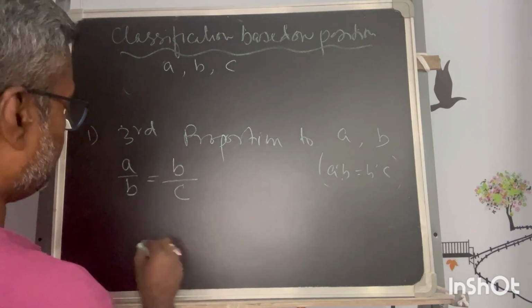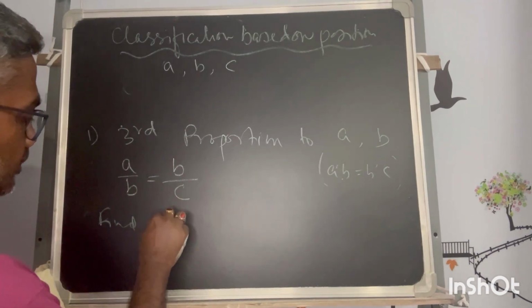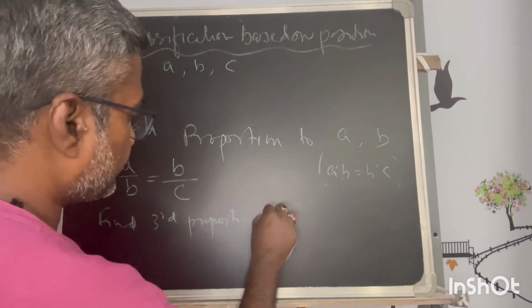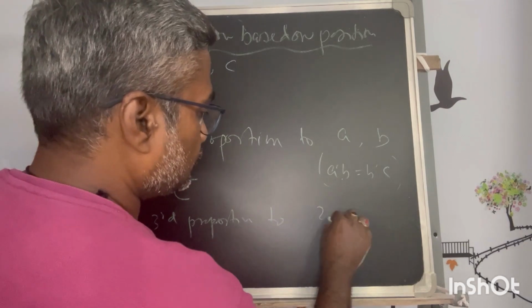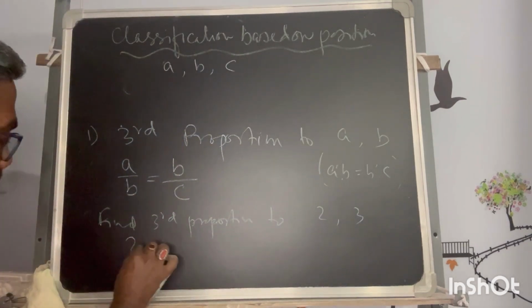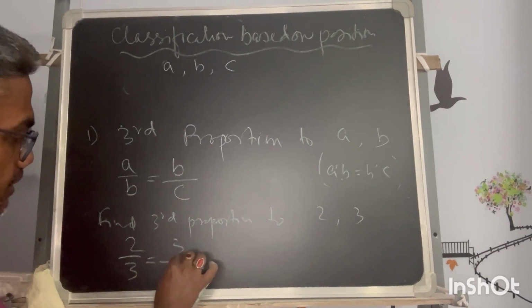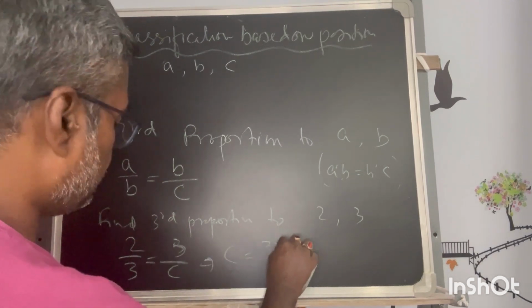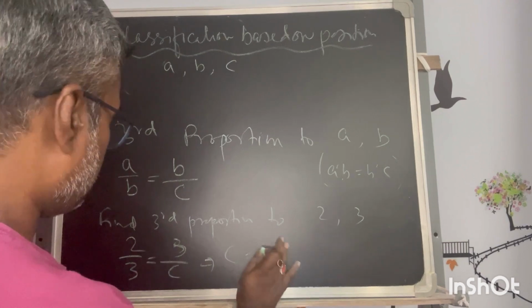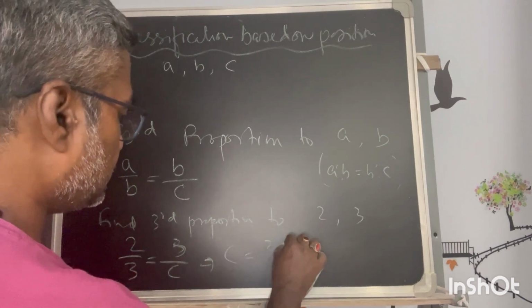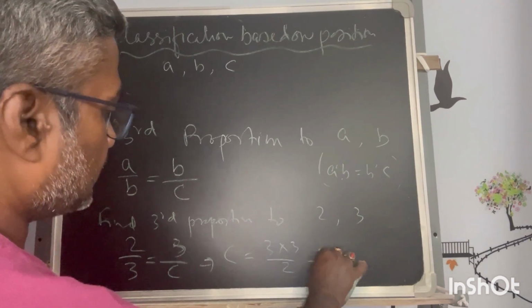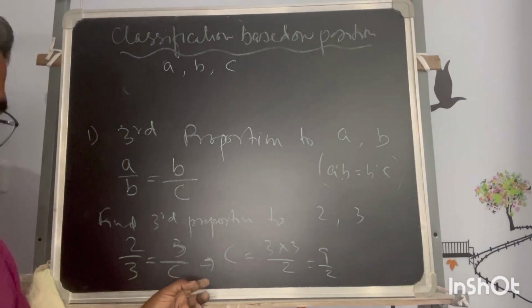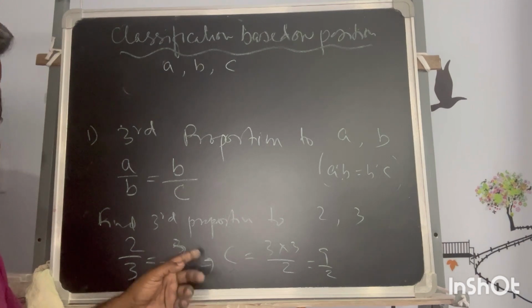Now if I give an example, find the third proportion to 2 and 3, then 2 by 3 is equal to 3 by C. So C will be equal to 3 into 3 by 2, which is 9 by 2. This will be the answer, the third proportion. Then only it will be correct. Fine.